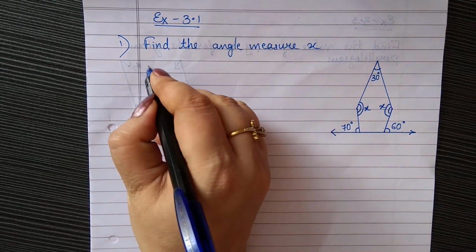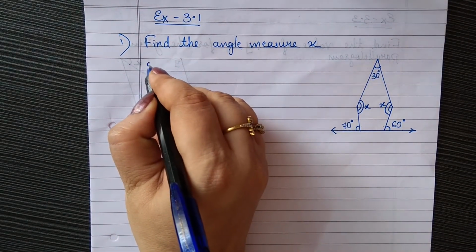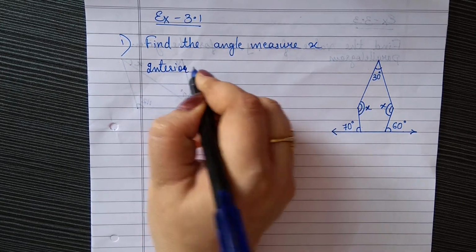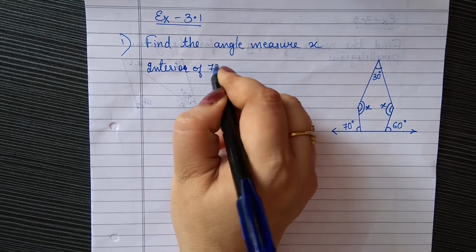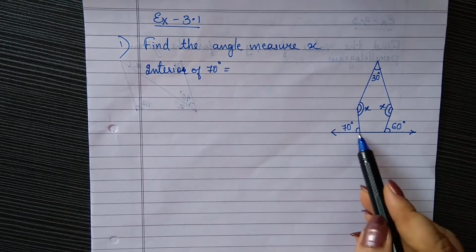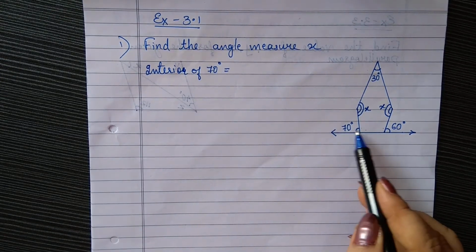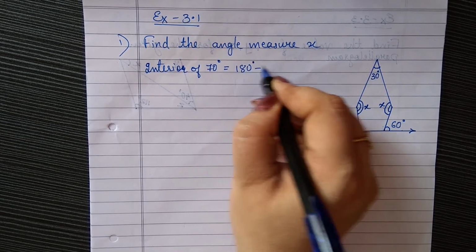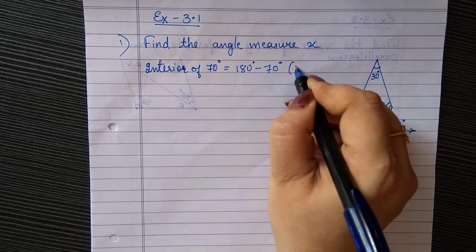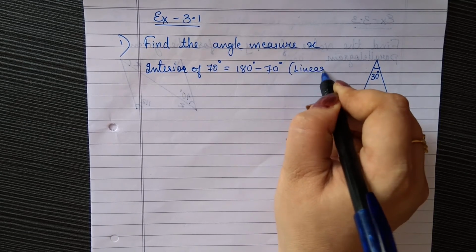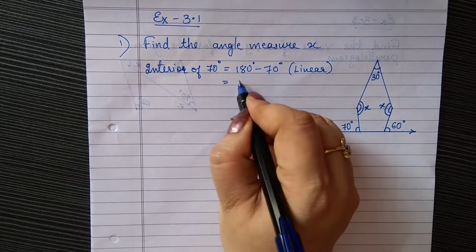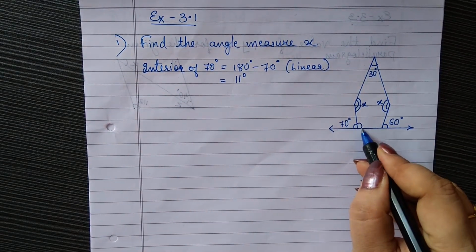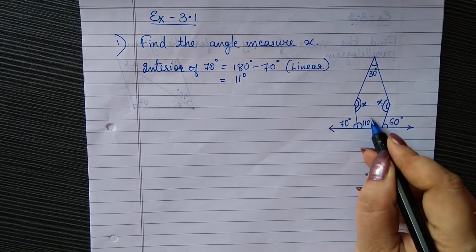Okay, so first we will be finding the interior of the 70-degree angle. It will be 180 minus 70 because this is a linear pair. So the interior of 70-degree will be 110. So we got this measure as 110-degree.